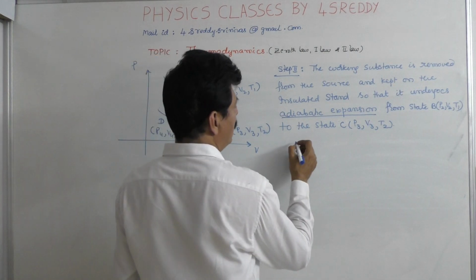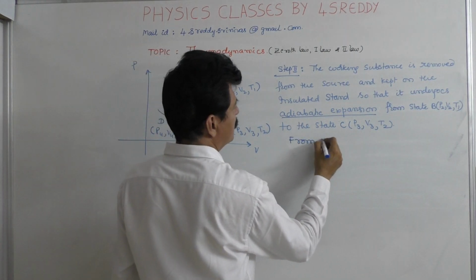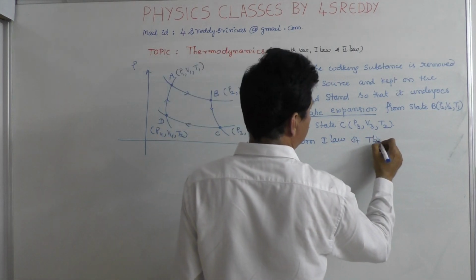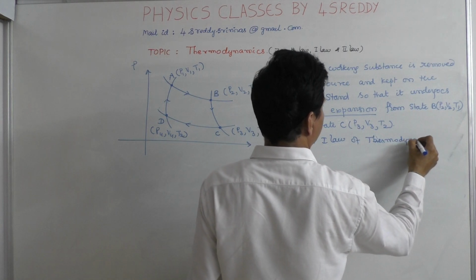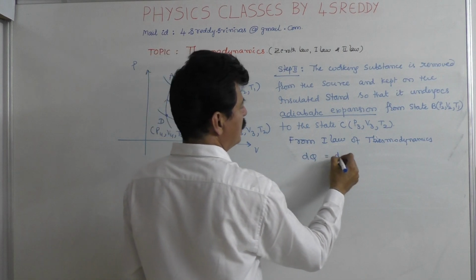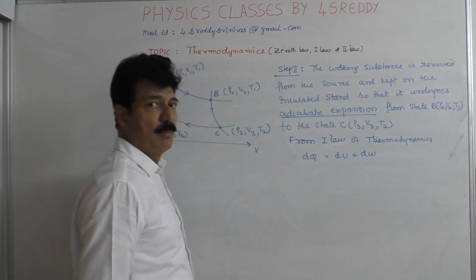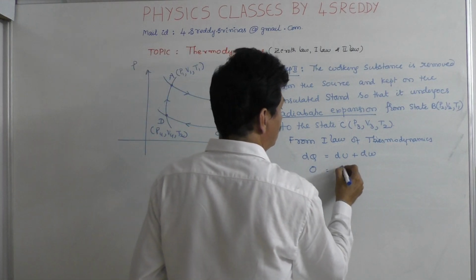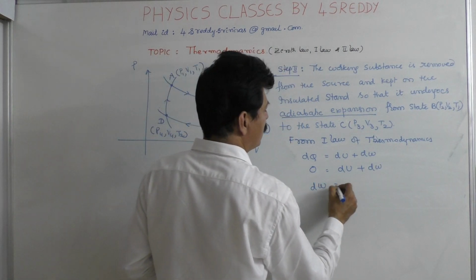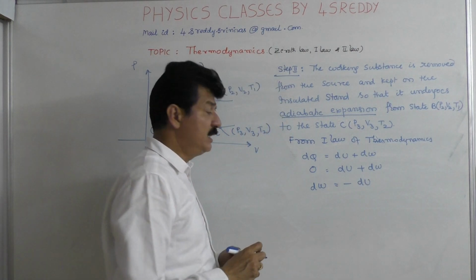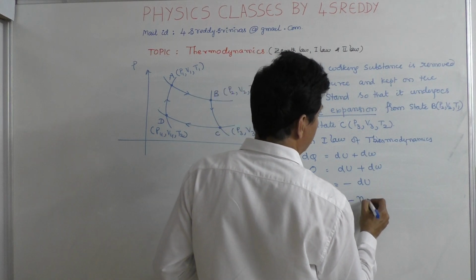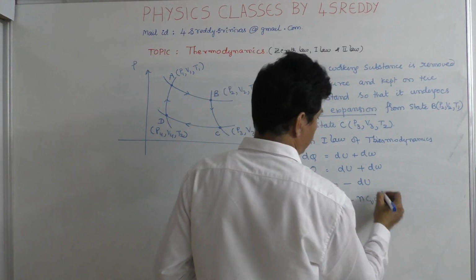And therefore here what you are going to get from first law of thermodynamics: dQ is equal to dU plus dW. But in the second case, the heat supplied is 0. Therefore, dU plus dW is 0, so dW is equal to minus dU. Therefore, here we can write W2 is equal to minus nCv dT.